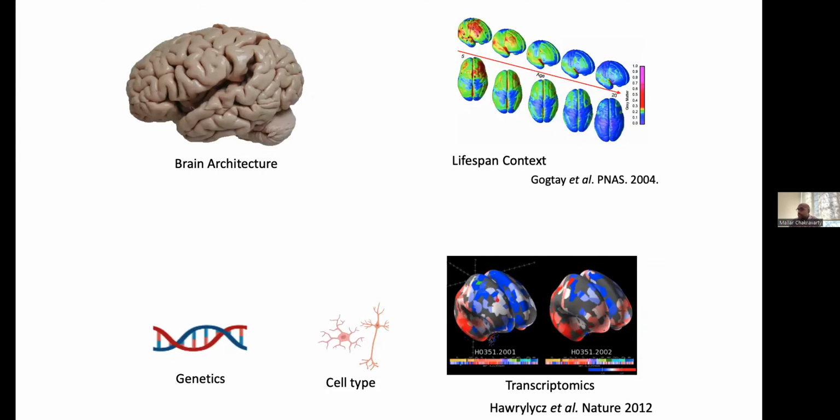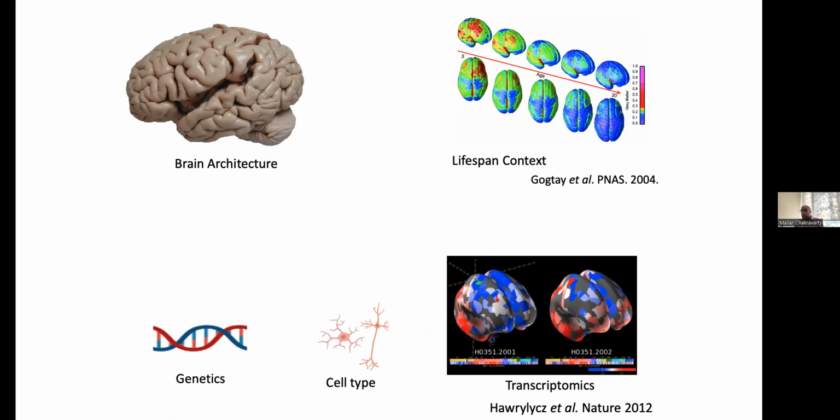More recently, the aim is to connect those changes to behaviors, genetics, or even cell types and genomics in the form of transcriptomics. Of course, this is really hard to do. Most of this is correlational. Obviously, you can't look at cell types in the human brain unless you have access to postmortem tissue, which is rare and hard to find.